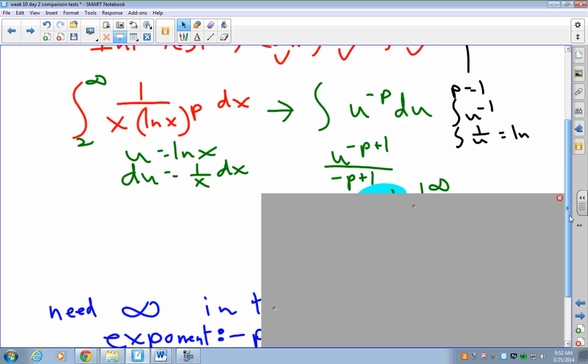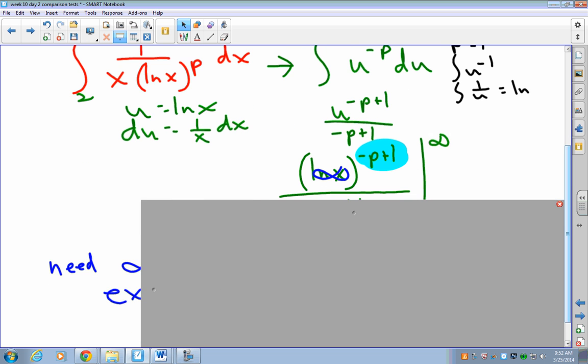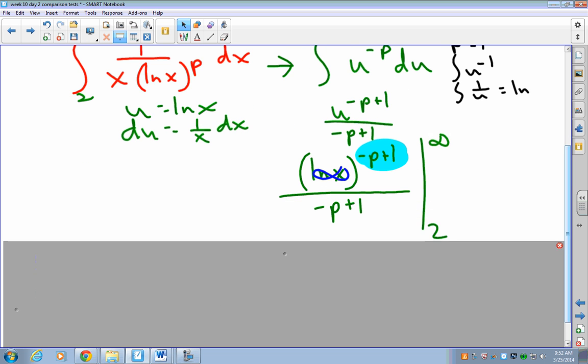Okay, so now I need to look at this part here. I integrated. So I have ln of x to all of this from 2 to the infinity. Do you agree when you do ln of x, when it's at infinity, that whole thing goes to infinity, which is bad? Do you agree? Unless what?